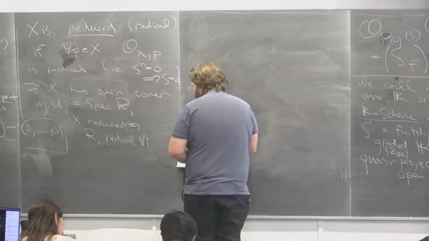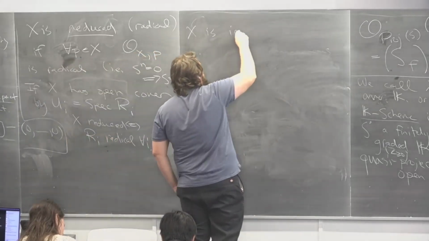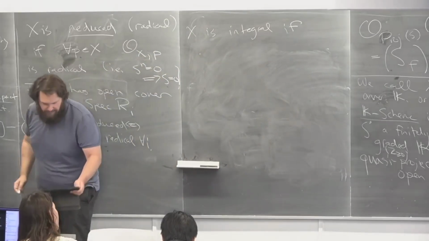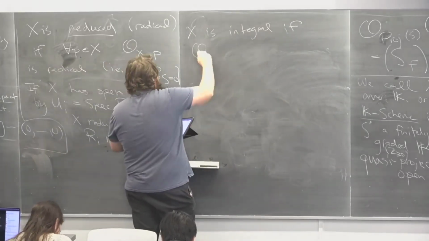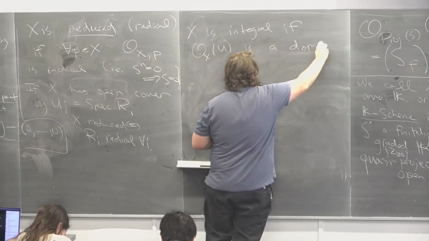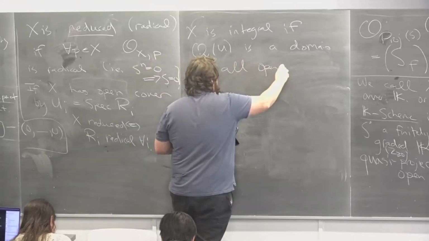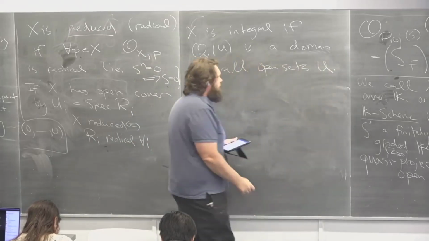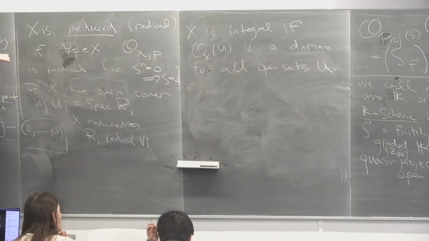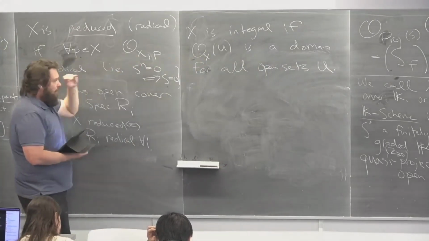All right. A similar thing we'll often want is: X is integral if, just make sure I get this right, O_X(U) is a domain for all open sets U. So I could have defined this property by saying that X is reduced if and only if the sections on every open set are radical.